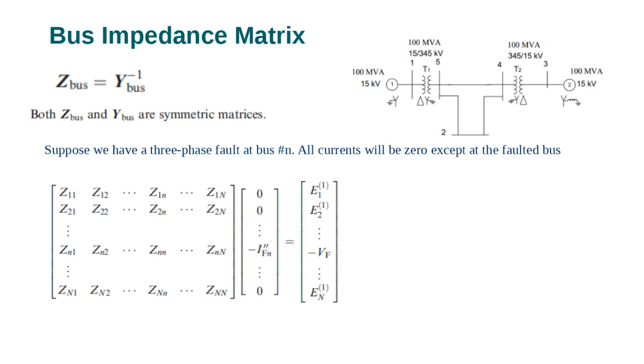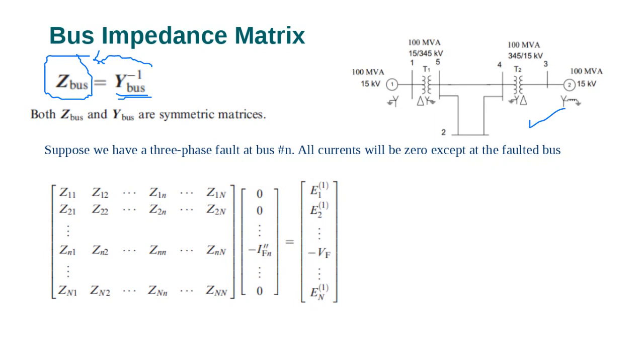Now we discussed the bus impedance matrix, but remember now we do not determine the bus impedance matrix directly from the system. What we get from the system directly is Y bus, and then we invert Y to get Z. This is what we determine from the system.